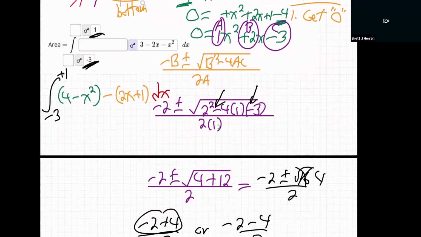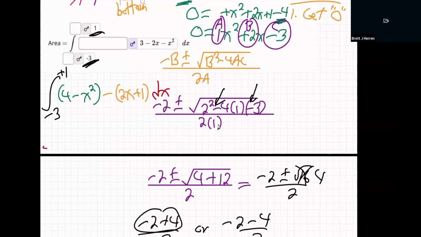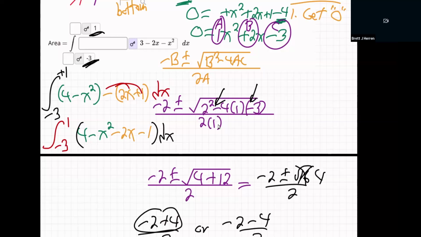And then dx. So then we're going to simplify that. That's the integral from -3 to 1. I'm going to distribute that, so we get 4 minus x squared minus 2x minus 1 dx. It doesn't matter what order you put it in.